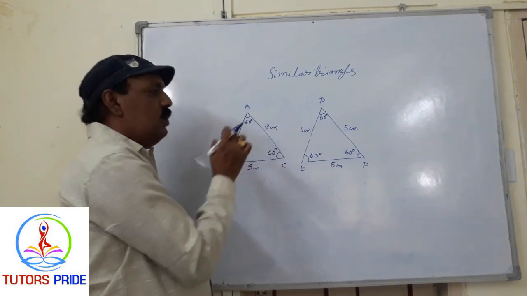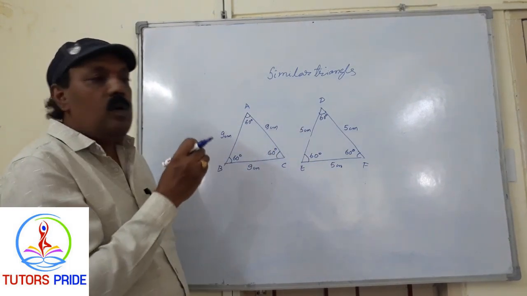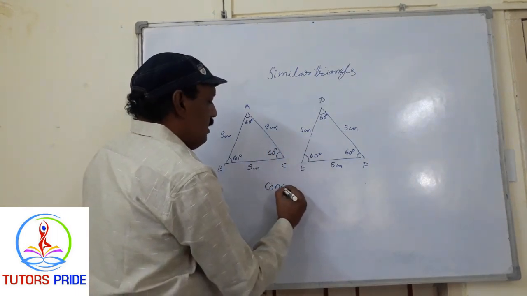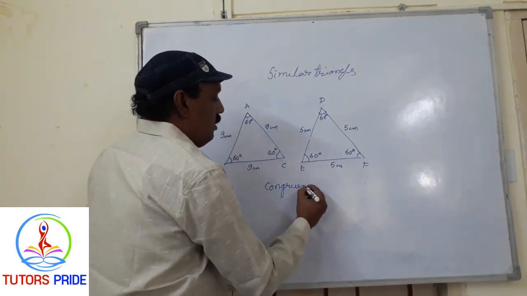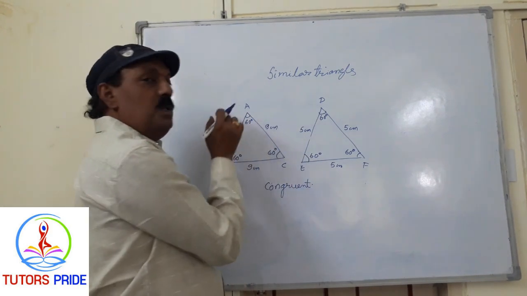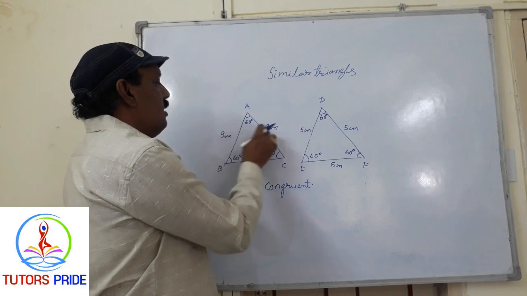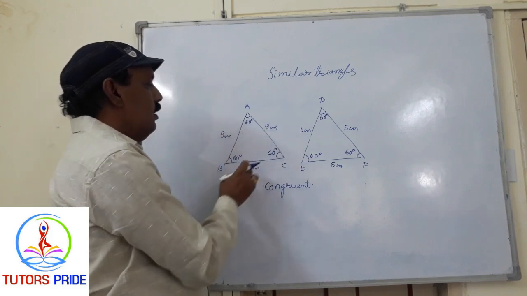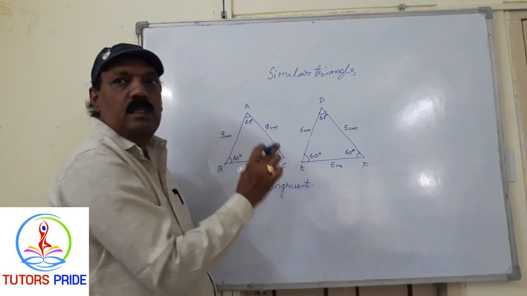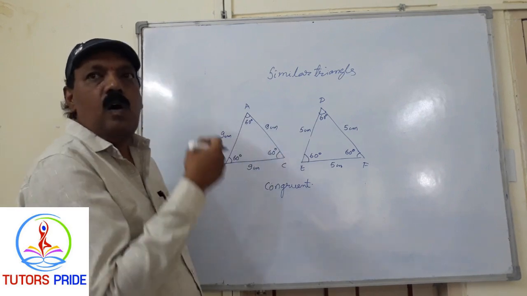So both are similar, and I cannot call this congruent. The reason is, congruent means the sides of the two triangles must be equal and the angles of the two triangles must be equal, then only we can call them congruent.